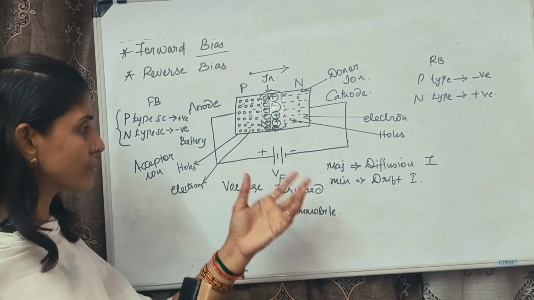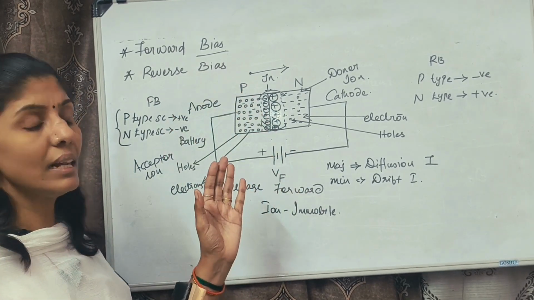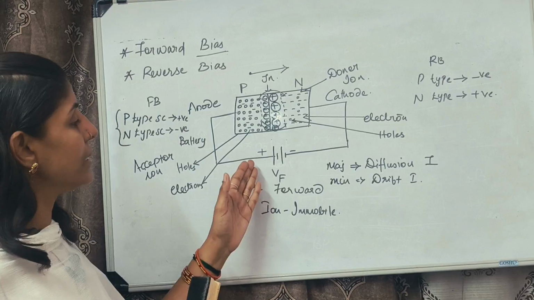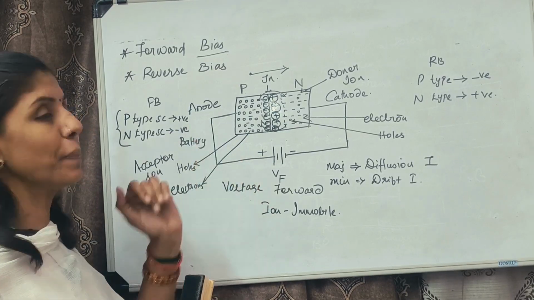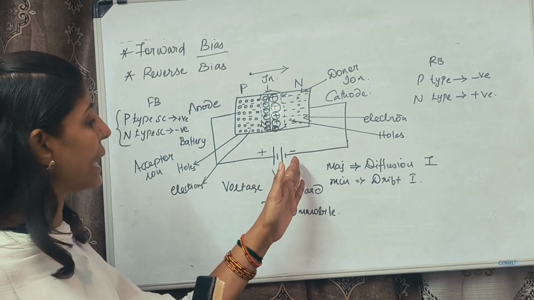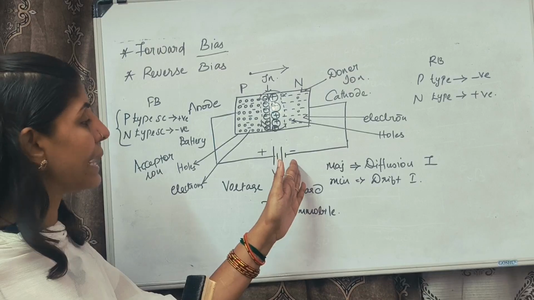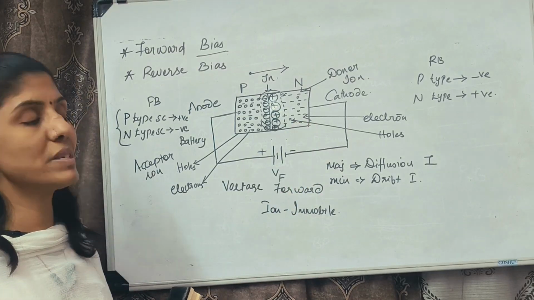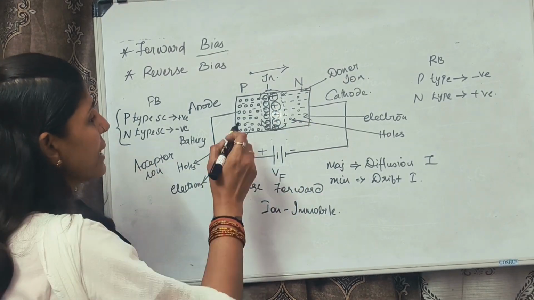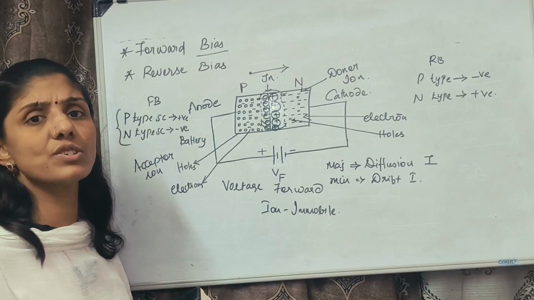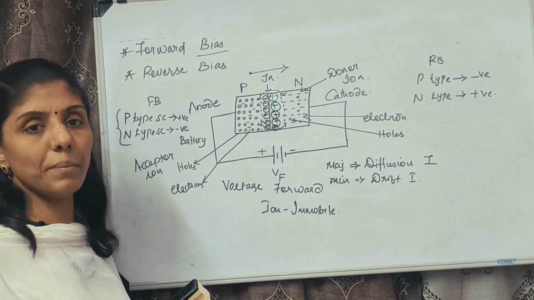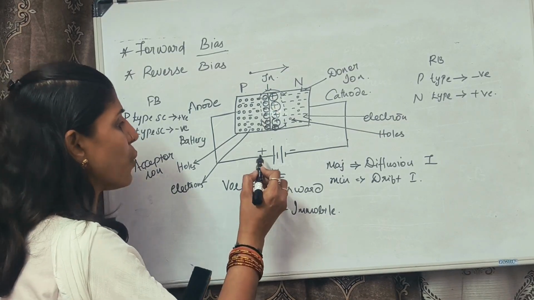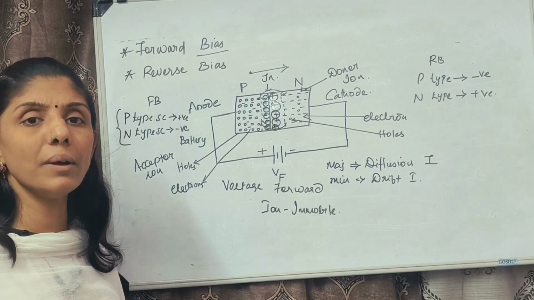Okay, so now see, I am applying a positive voltage to the p-type semiconductor and a negative voltage to the n-type semiconductor. Here, which are the majority charge carriers? Holes are the majority charge carriers. What kind of charge am I applying?